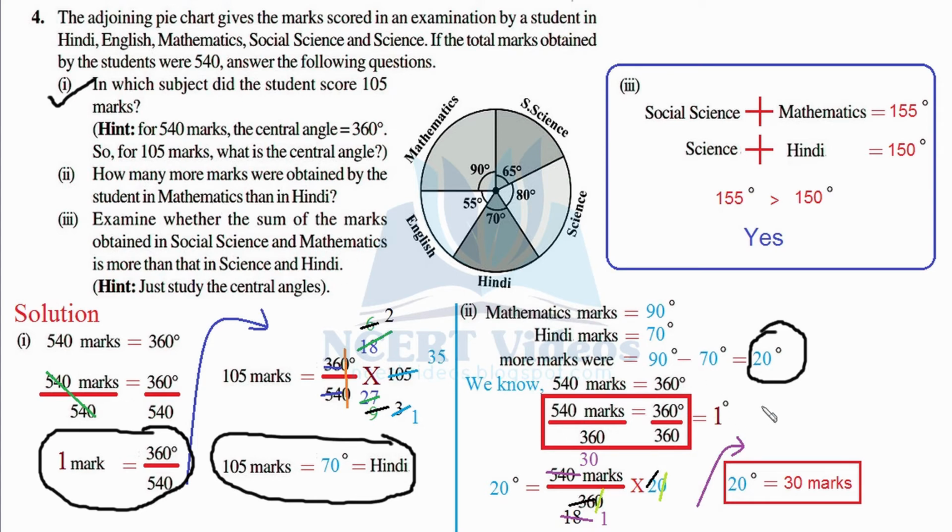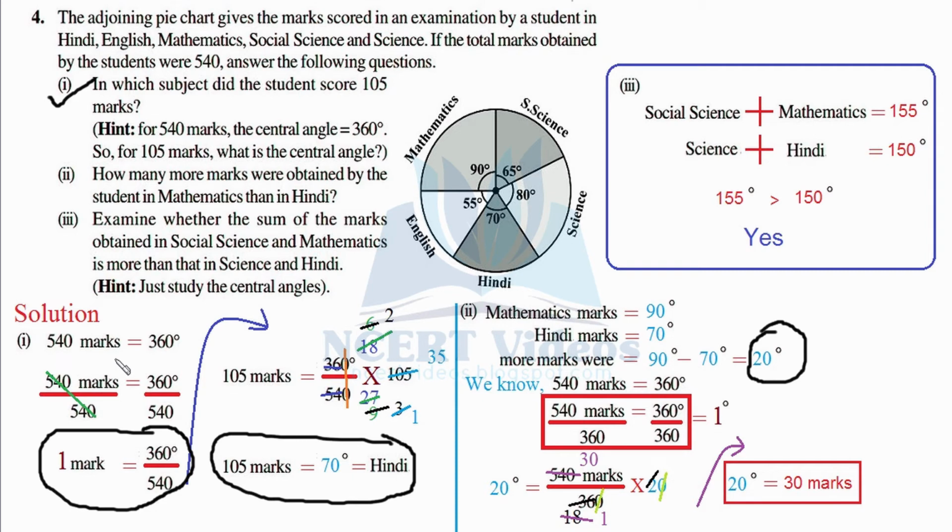Now we again have to use our unitary method. This time we are dealing in degrees, therefore we need to use the unitary method on degrees. That is what we talked about in detail in the first part. So always choose the path correctly, else you deviate from your aim. So we know 540 marks equates to 360 degrees.